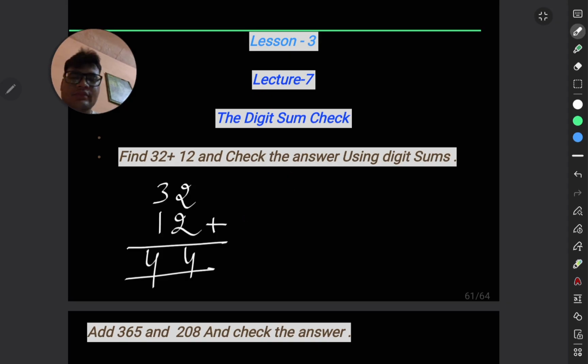Now we move on to the next number, which is 12. We find the digit sum of this number. It has two digits, 1 and 2, and we add them: 1 plus 2 will be 3.